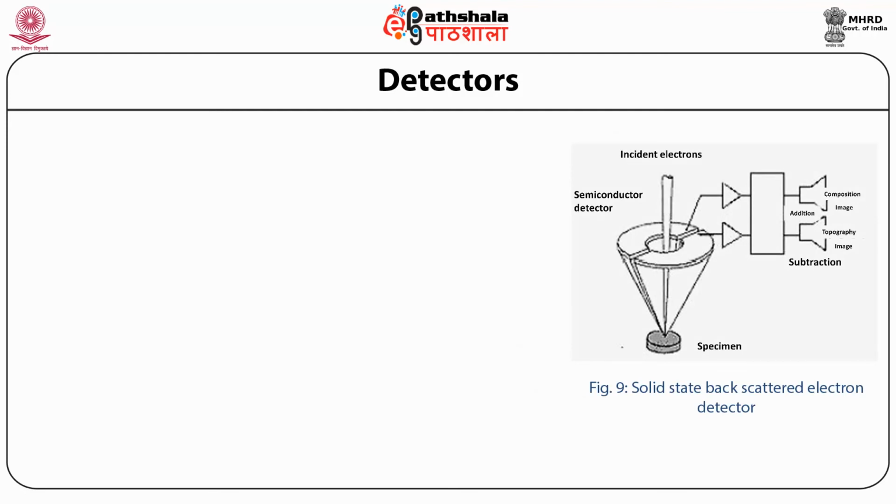The principle of the solid state detectors is illustrated in figure 9. The high energy backscattered electrons are incident on a semiconductor detector where they cause the formation of a number of electron-hole pairs depending on their energy.